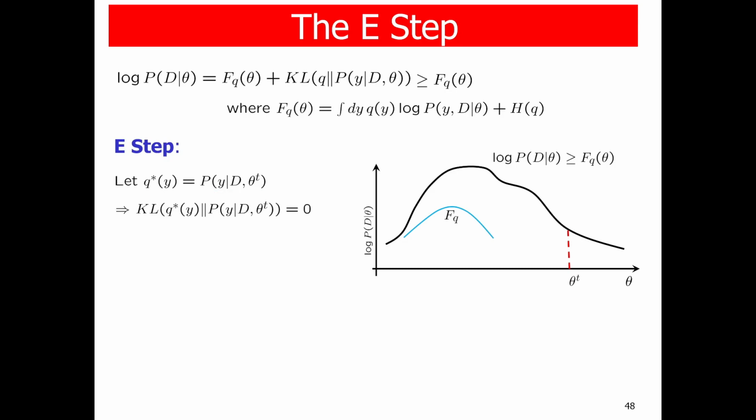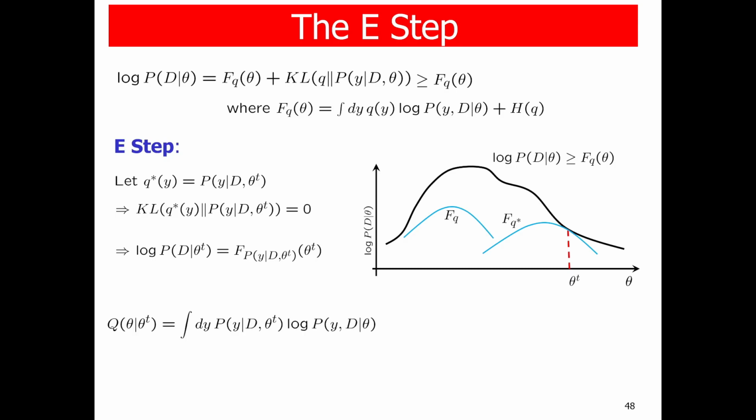With this Q star function, this KL divergence is 0, and therefore indeed the log likelihood function is the same as the free energy in this location theta t. Here I'm illustrating how this function F Q star touches the log likelihood function from below at the point theta t.